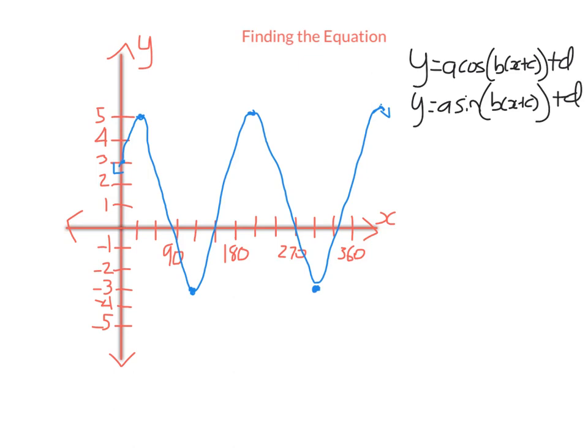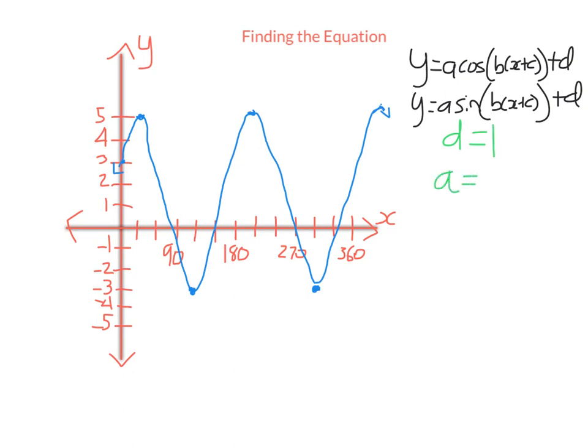Now, whether it's a cos or a sine graph, the values of a, b, and d will be exactly the same. So d is just the midline. It's halfway between the maximum and the minimum. So halfway between 5 and -3 is 1 along here. So d must be 1.